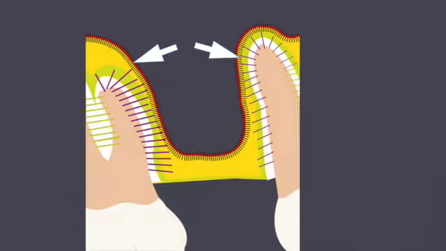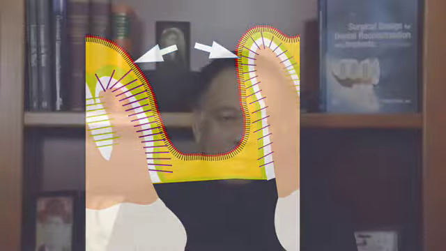In addition to the periodontal system, we also have the sinus membrane itself. Now, the sinus membrane is also a structure that is important in the regeneration.